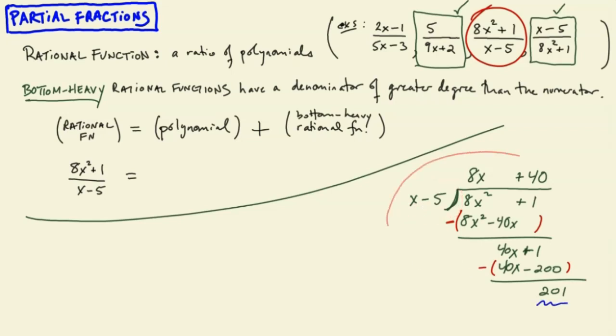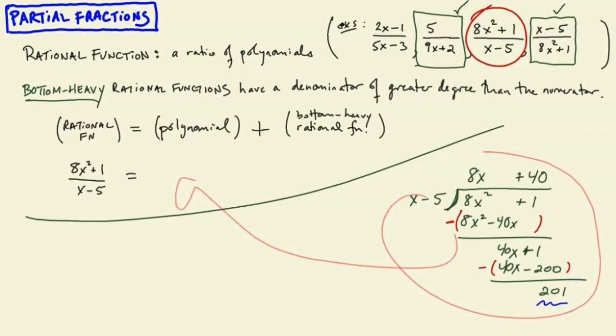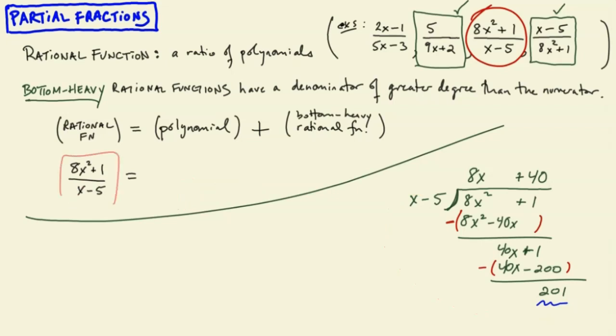And if I carry the results of this dreadful algorithm back over here, what it is telling me is that my original top-heavy rational function is going to be a certain polynomial, namely this one, so I'll put it over here, 8x plus 40, plus a certain bottom-heavy rational function. Well, that's like when we had 22 over 7, and we said that's 3 plus 1/7.